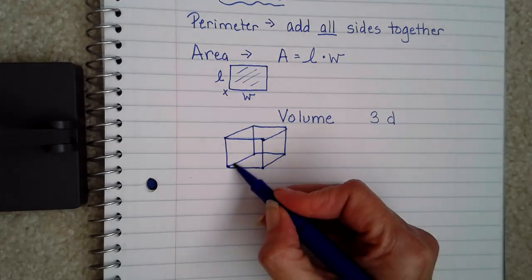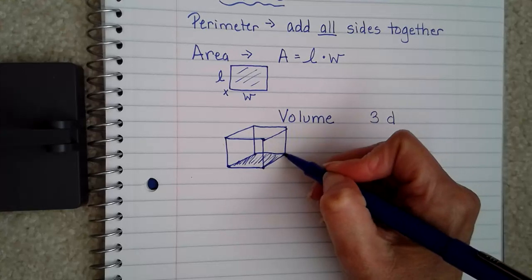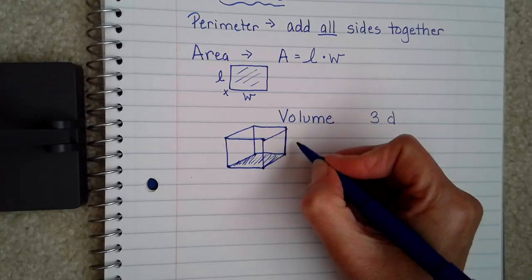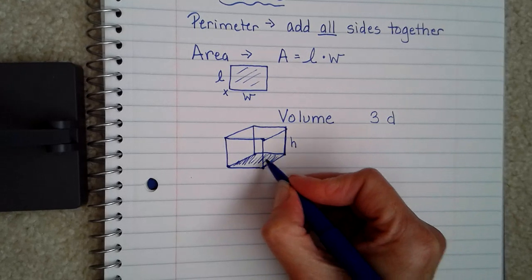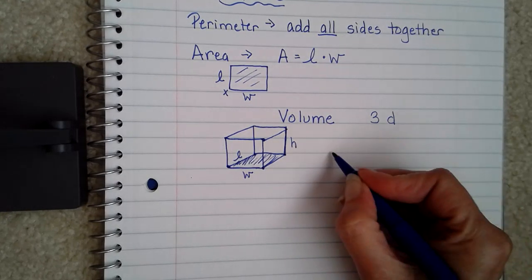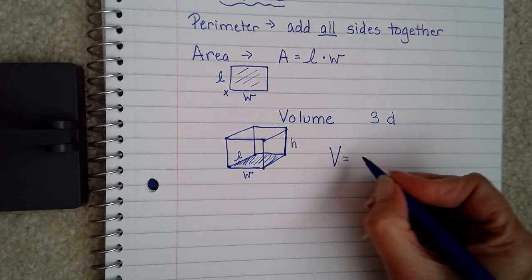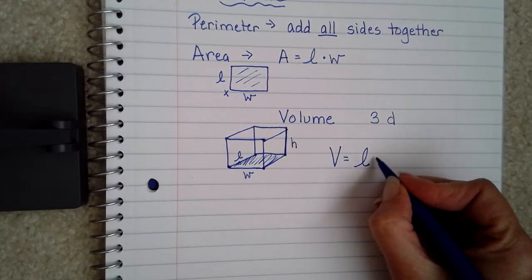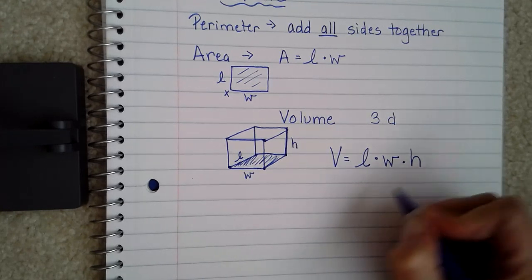So let's make this the bottom of the shape. And this is how tall it is. That's called the height. All right, and we have the length, and we have the width. So the volume, capital V for volume, equals length times width times height.